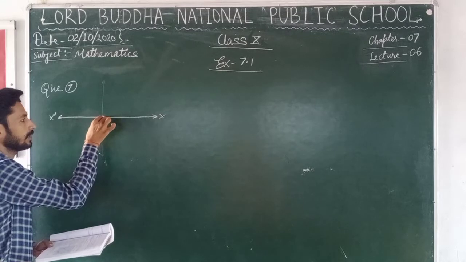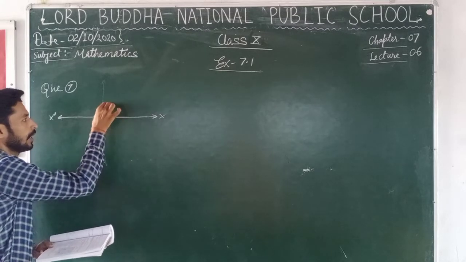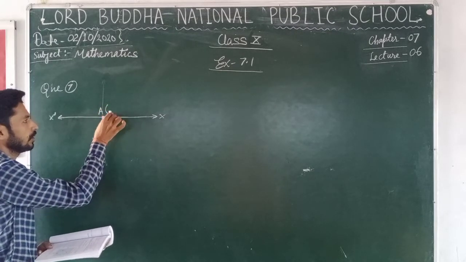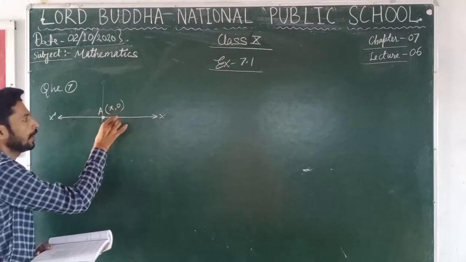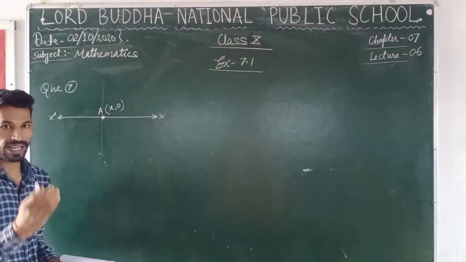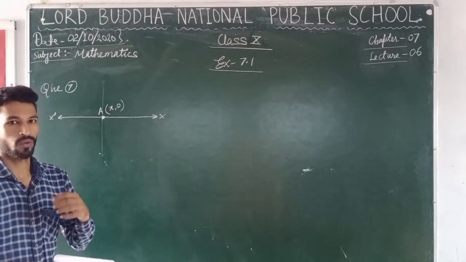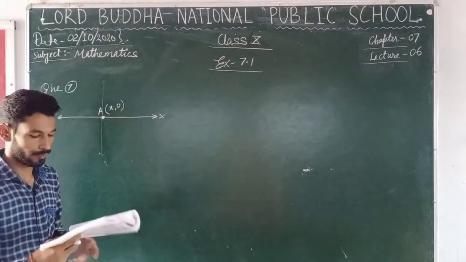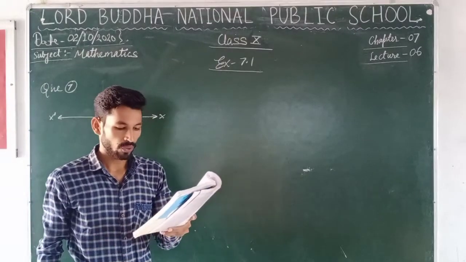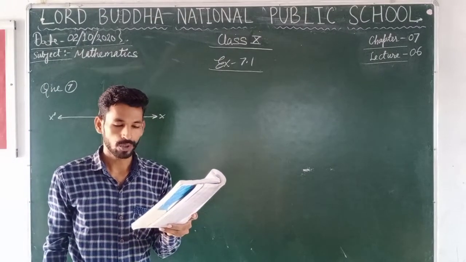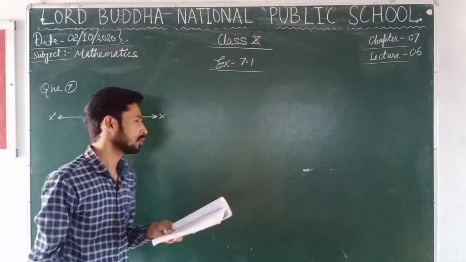Suppose that there is a point A and this point has a coordinate of (x, 0), because this point lies on the x-axis, so the coordinate of y should be 0. Now, it is equidistant from (2, -5) and (-2, 9).